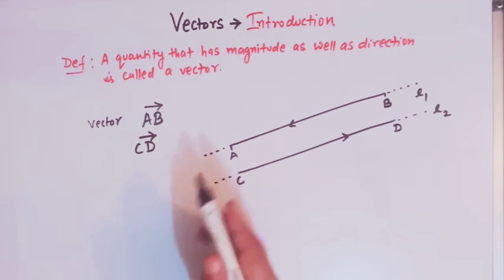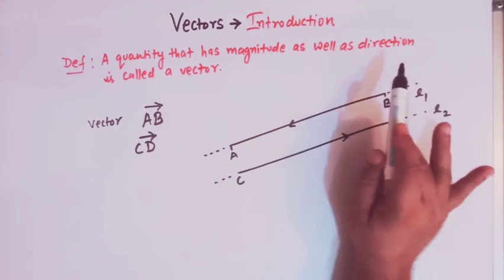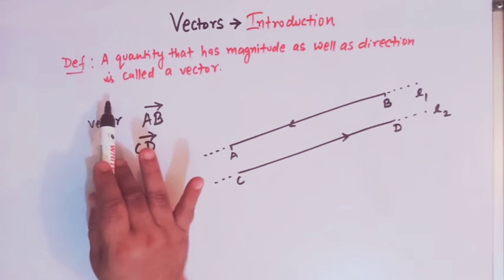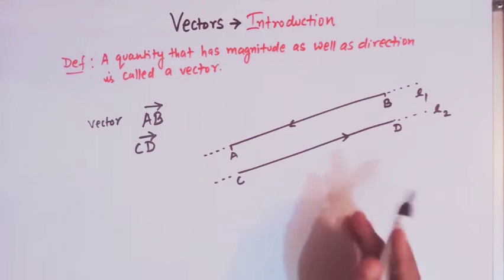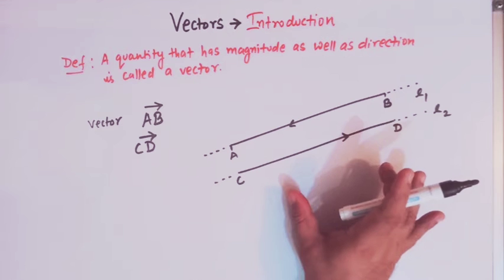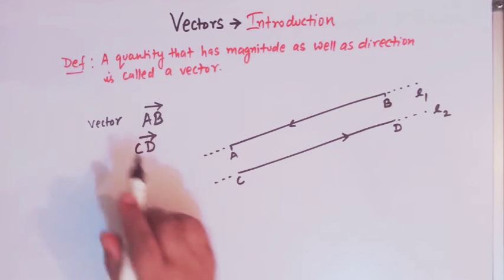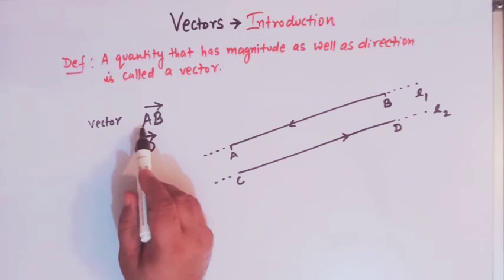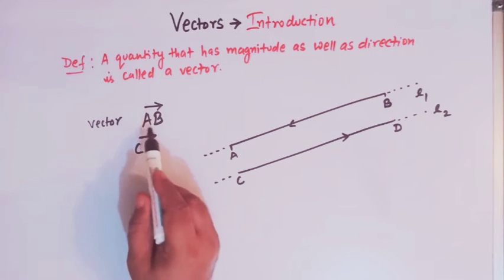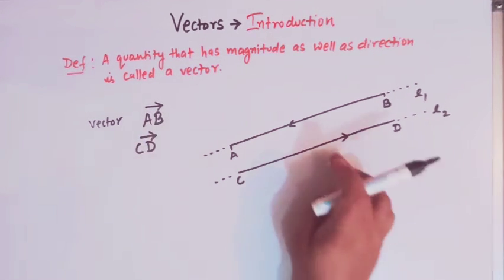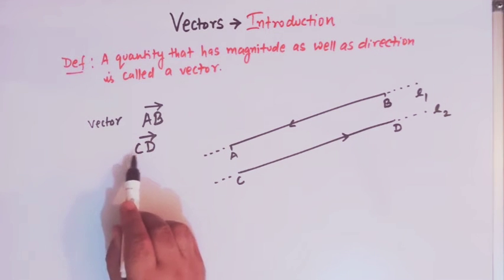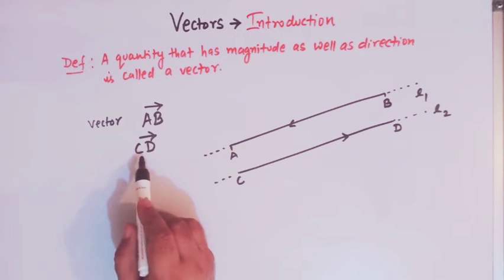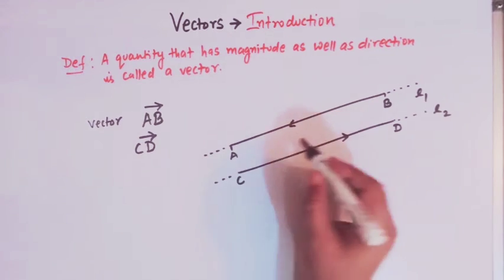So a quantity that has magnitude as well as direction is called a vector, and a directed line segment is a vector. In this case it is denoted as vector AB and read as vector AB, and in this case it is written like this and read as vector CD, right?